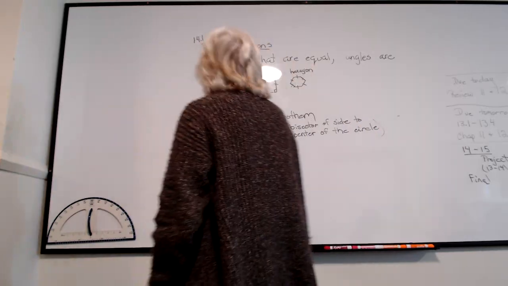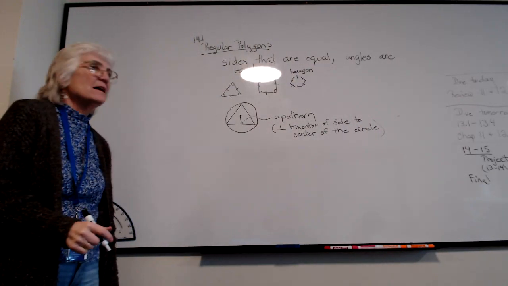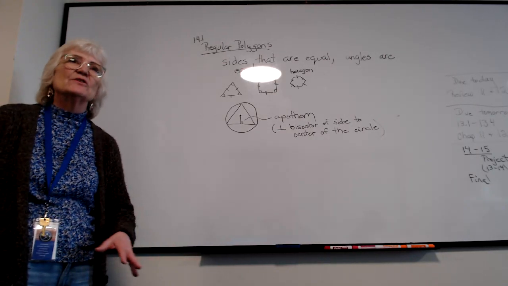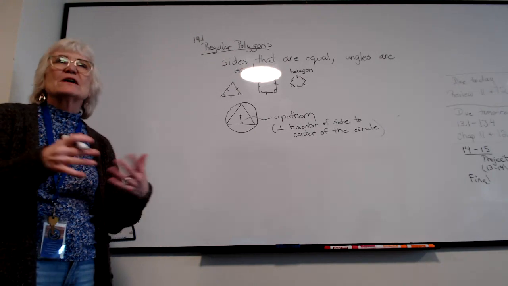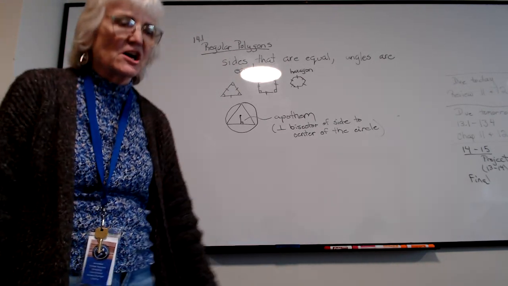Okay, crazy name, opothem. Like I said, I don't hardly ever use that word. I haven't even heard it used a lot. Inscribed, circumscribed, those things are used, but this is not used that much. That's really all that 14.1 is about.